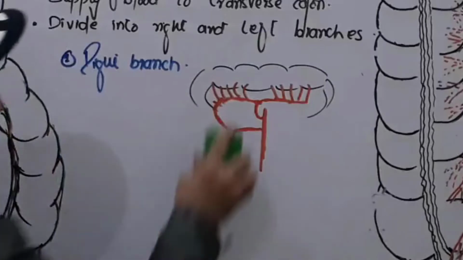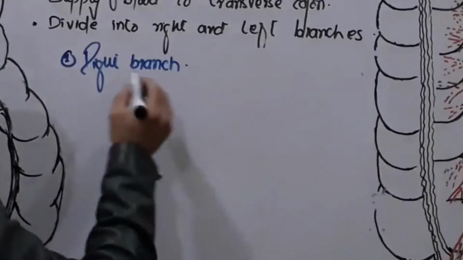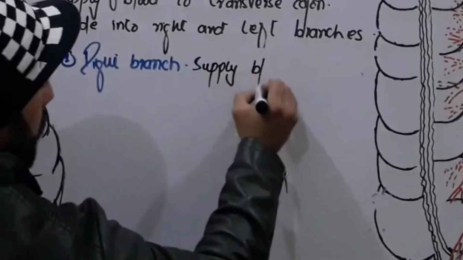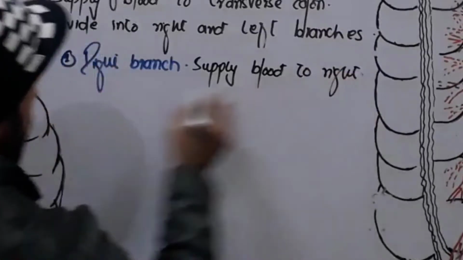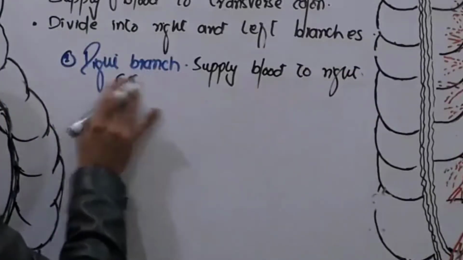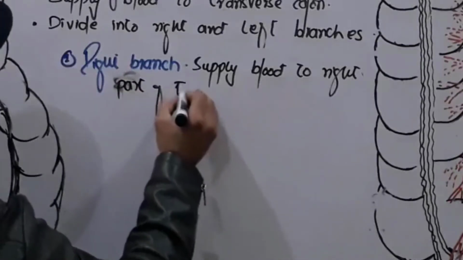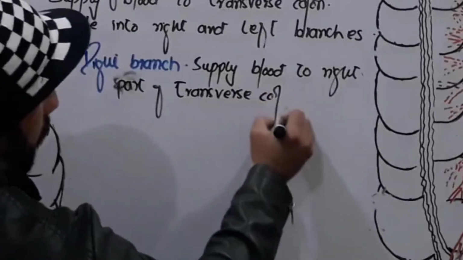Clear? This right branch supplies blood to the right part of the transverse colon.